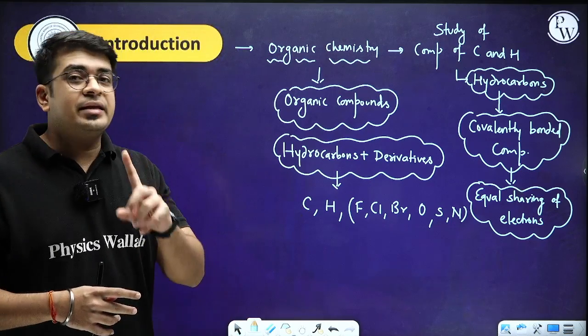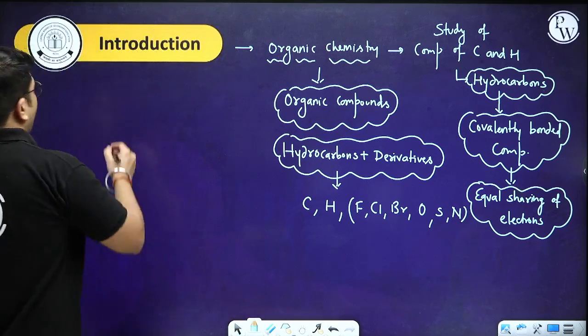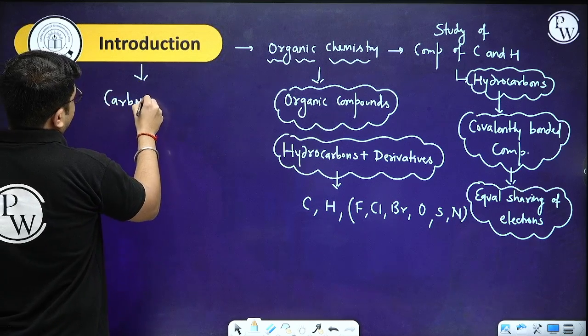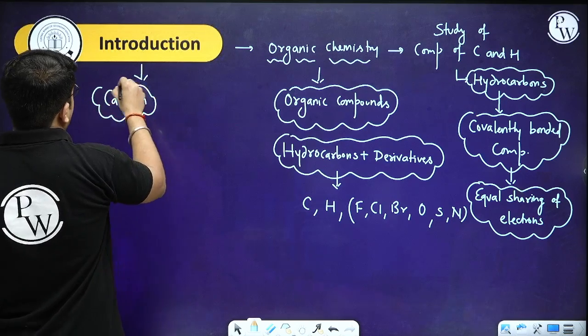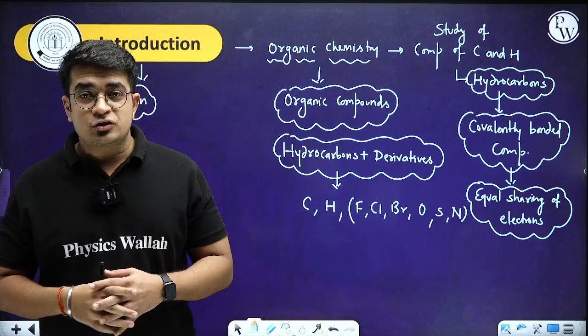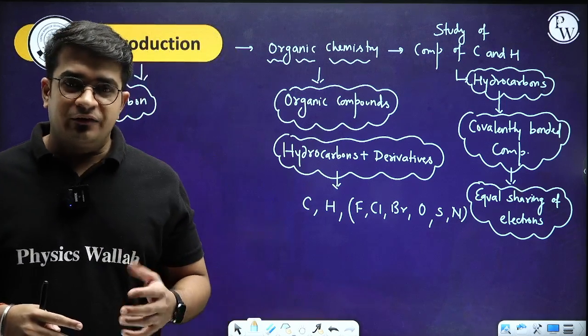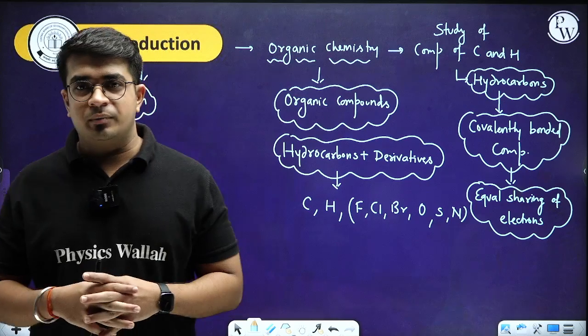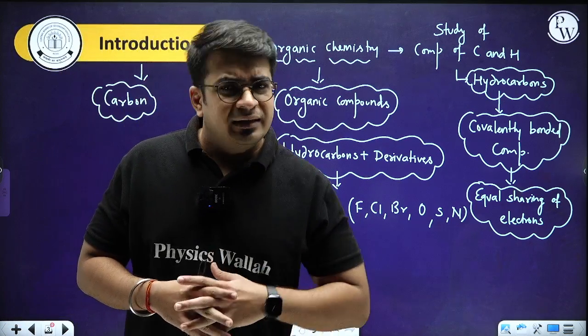Now the main thing is, why are we only talking about carbon? Why is carbon so special, why are there enormous types of compounds related to carbon in organic chemistry? Because there are different types of organic compounds, like alkane, alkene, alkyne. That is a basic analysis.